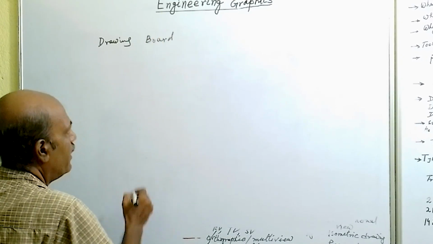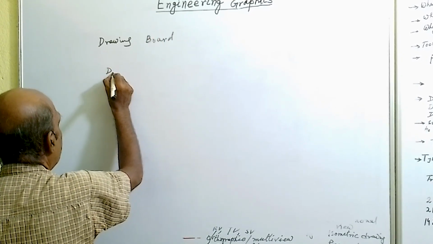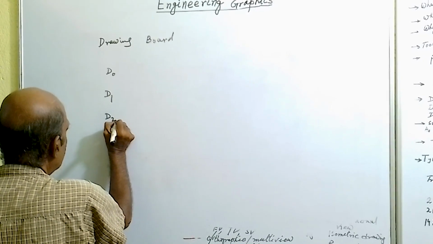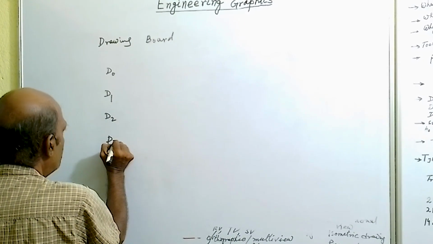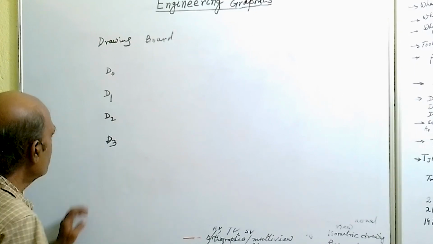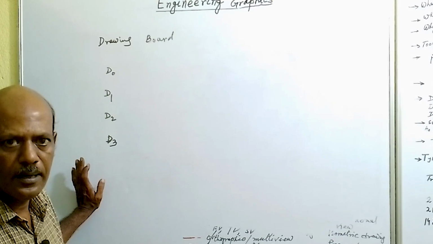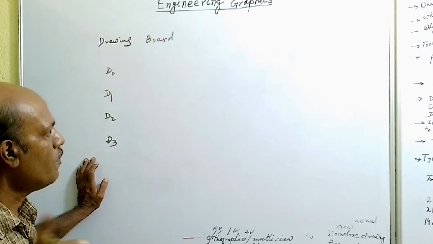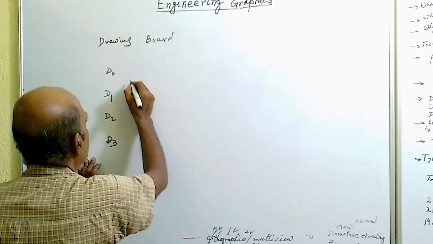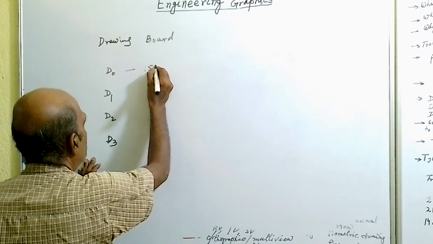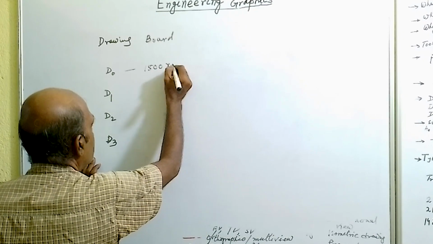These are given by D0 size, D1 size, D2 size and D3 size. So 4 sizes of drawing boards are available for drawing. It is standardized by BIS. The first one, D0, is 1500 into 1000 millimeter.